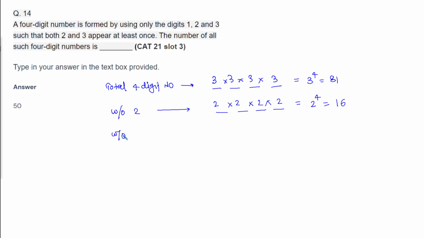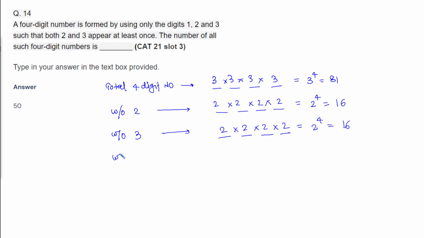Now without 3, how many 4-digit numbers can you form? For every place there are two choices, 1 and 2, again 2 to the power 4, 16 4-digit numbers you can form.